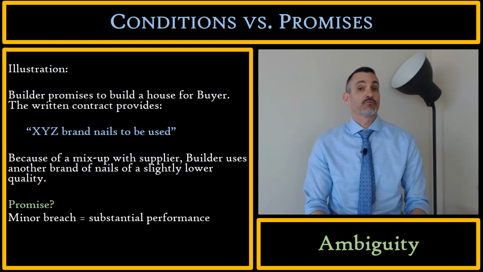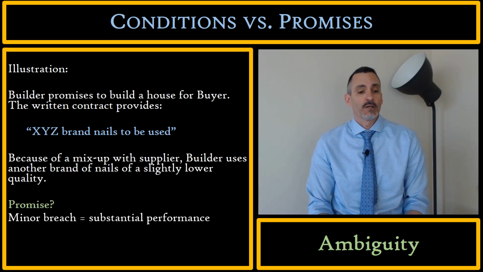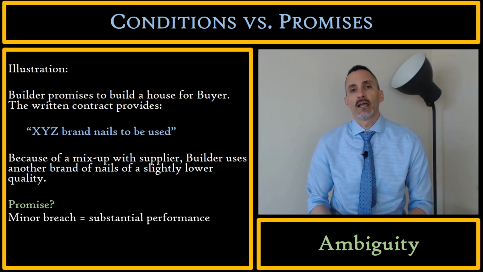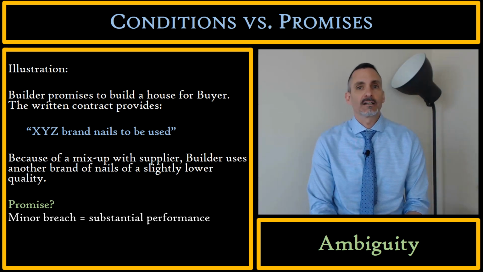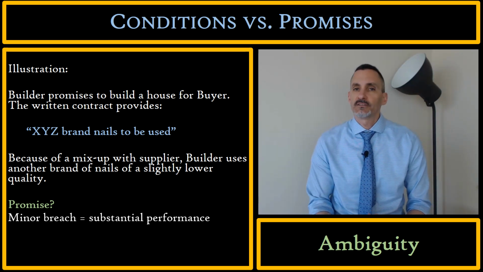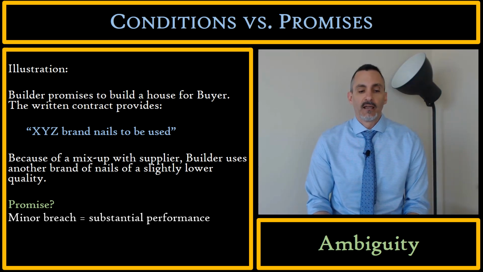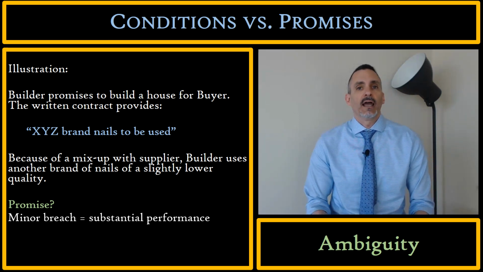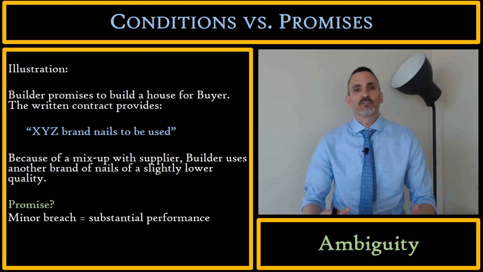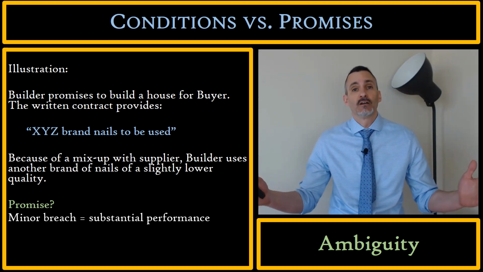Okay, if it's a promise, right? If we interpret XYZ brand nails to be used to be a promise, this is builder's promise, then builder has clearly breached this promise, but it seems like a minor breach. The facts say that XYZ brand nails are only of slightly lower quality, and that means builder has substantially performed her promise to build a house, right?